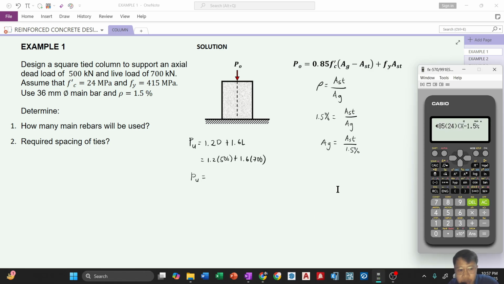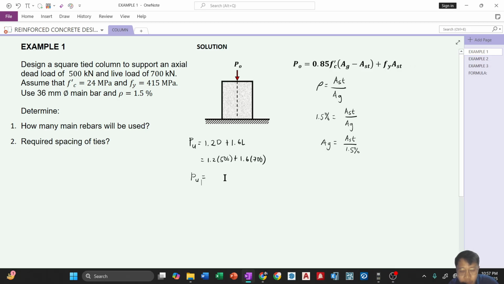PU here is actually equal to 1.2 times 500 plus 1.6 of 700. We get 1,720 kilonewton. Okay? So, this is not yet the P sub 0.